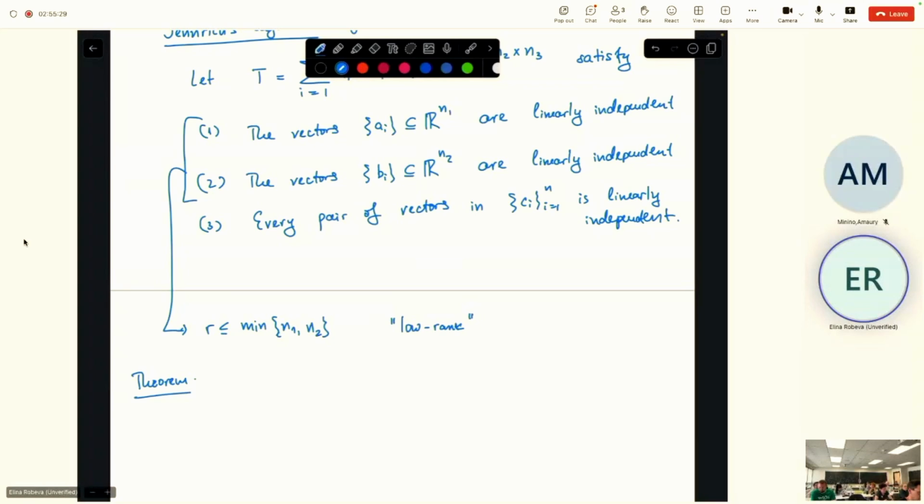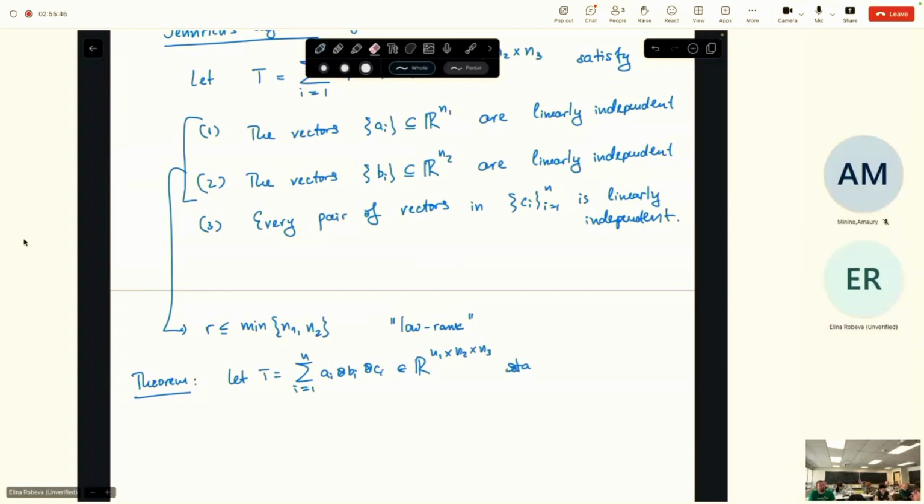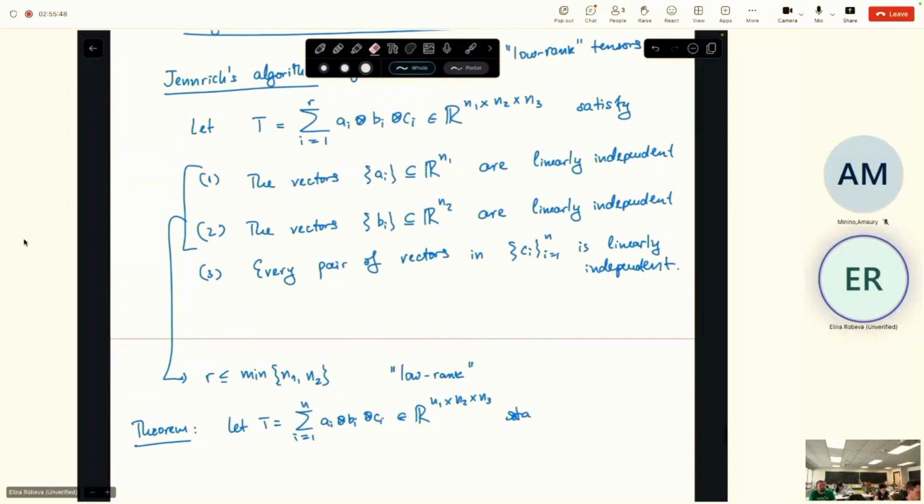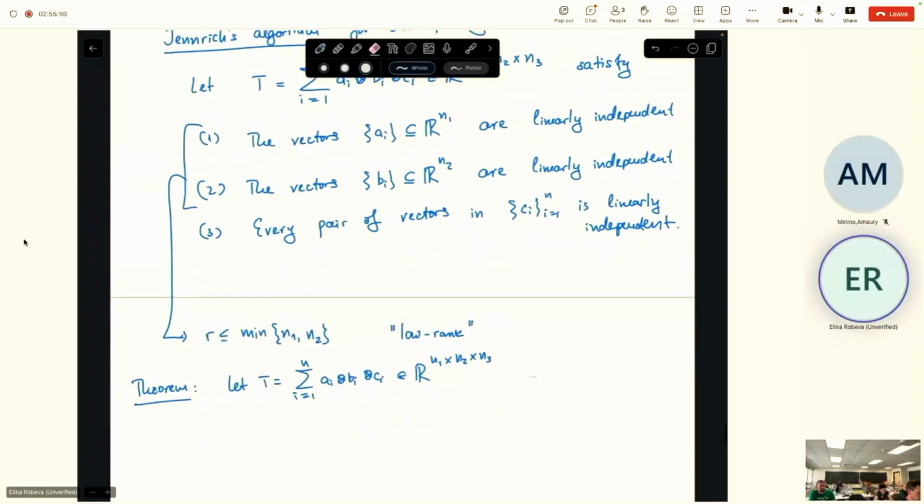And it comes with a theorem, so it says let T be of this form. Let T satisfy 1, 2, and 3.